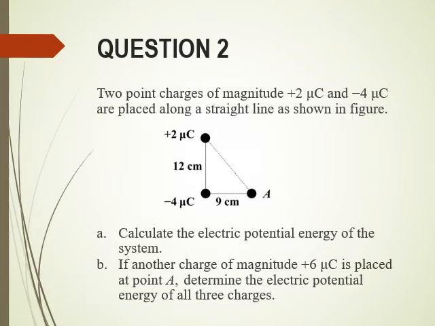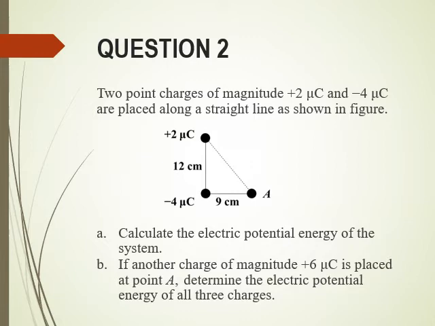Question 2. 2 point charges of magnitude positive 2 microcoulomb and negative 4 microcoulomb are placed along a straight line as shown in the figure. A. Calculate the electric potential energy of the system.